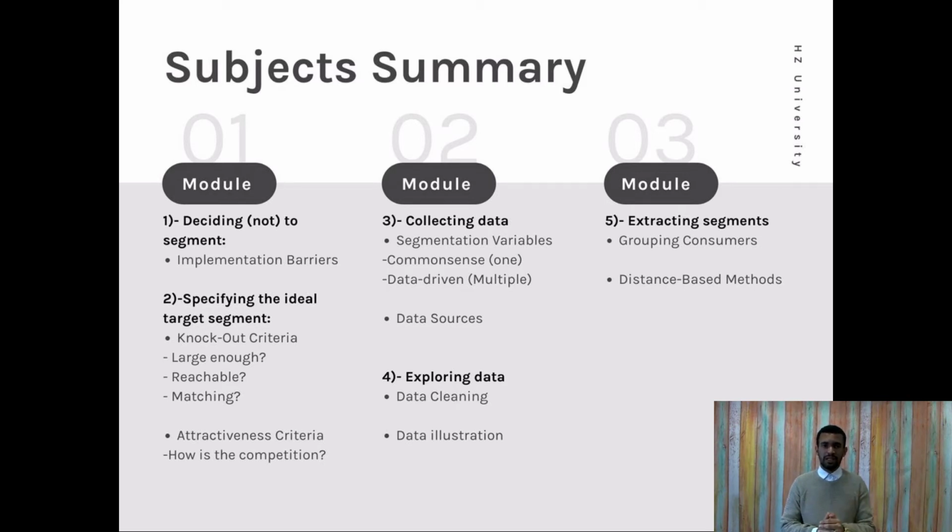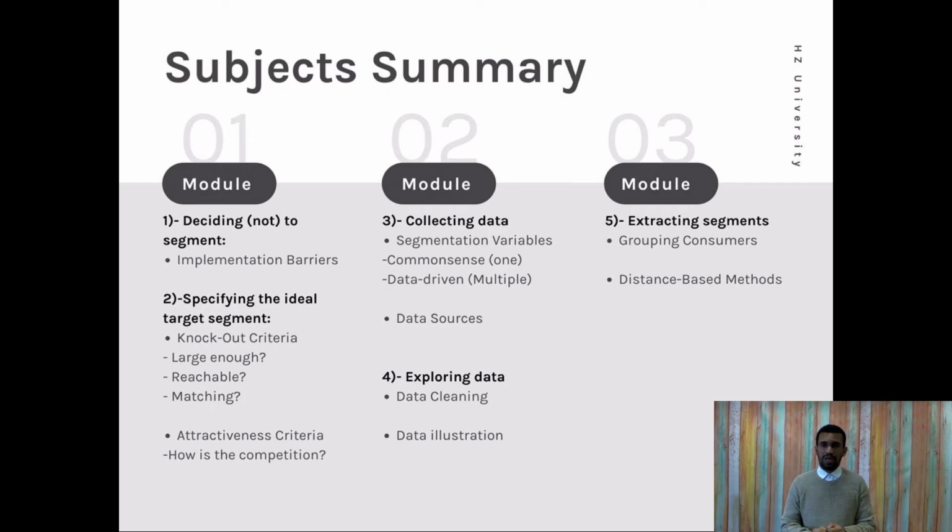To make this clear for everybody, let's take an example of the Dutch supermarket Albert Heijn. If Albert Heijn wanted to make a market segmentation, so they want, for instance, to target the Asian community in the Netherlands, the first questions would be: is the target group large enough for us? Is it reachable? Is it matching?